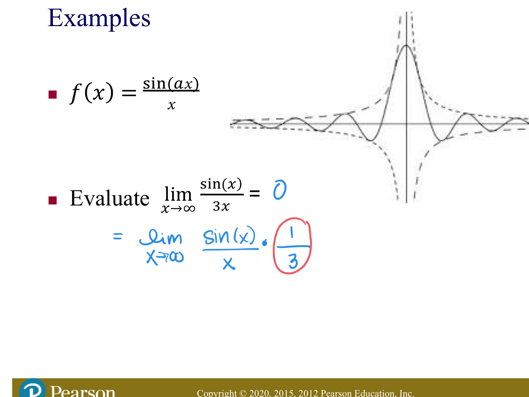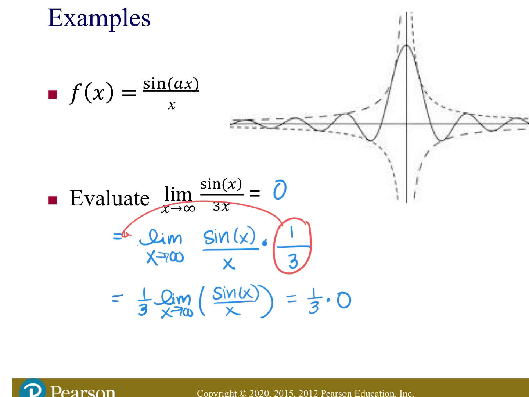Pull it to the front. So this is going to come out in the front of my limit. So I'll have 1/3 in front of the limit. And sine of x over x when x approaches infinity is 0. So 1/3 times 0 is 0.